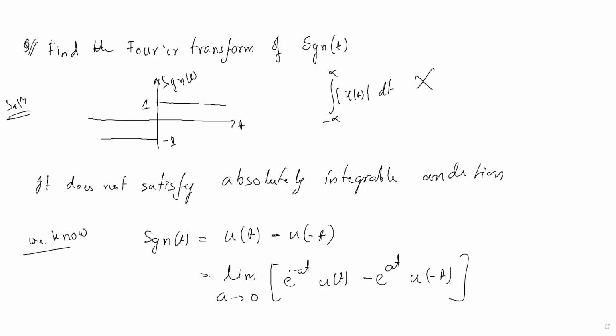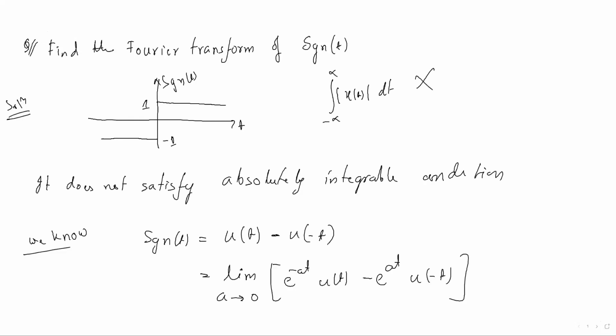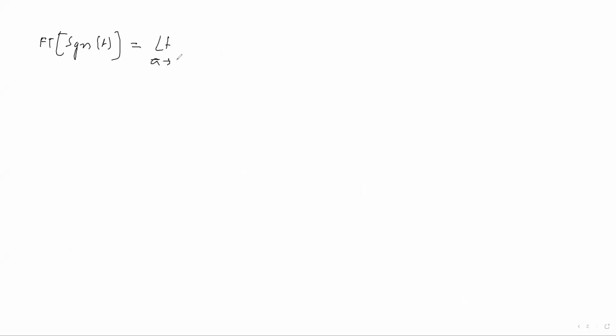Now we have to take the Fourier transform on both sides. So let's take the Fourier transform on both sides, with the limit a tends to 0 outside.